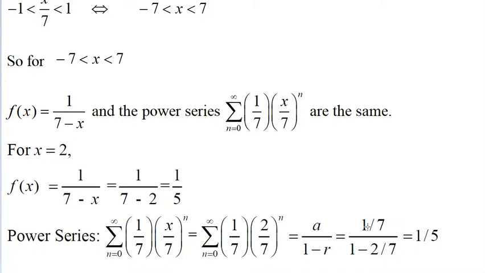So we have 1/7 divided by 1 minus 2/7, which comes out to be 1/5. And so for the function, we get 1/5. For the geometric power series, we get 1/5. And so one more time, this geometric power series is called a power series representation of the function f of x equal to 1 divided by 7 minus x.